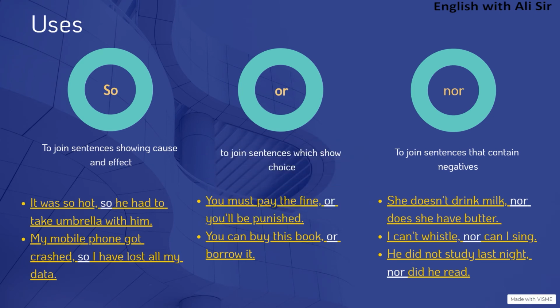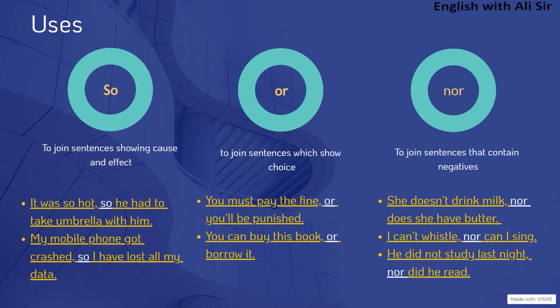My mobile phone got crashed, so I have lost all my data. So showing cause and effect. What should be the cause? And if effect is there, then you have to always use so.